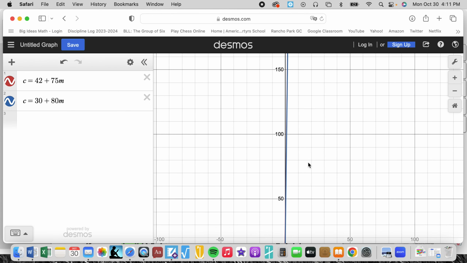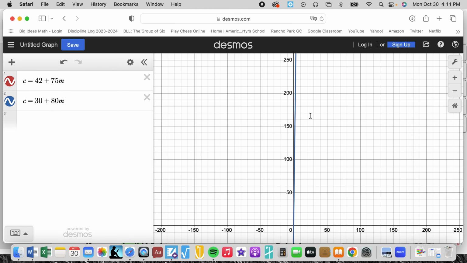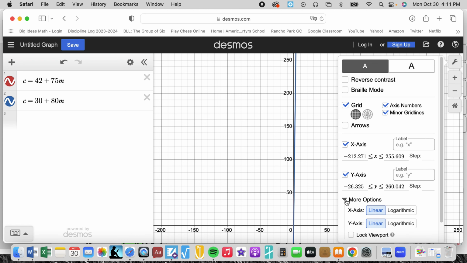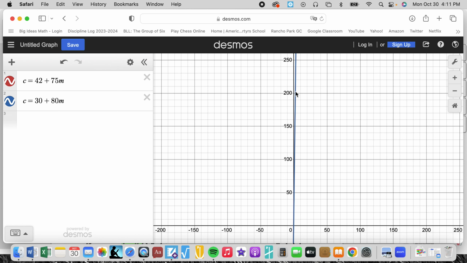Yeah, but that's not a great increment. Let's do options. I don't want logarithmic. This is failing miserably, but there's 2 months there.